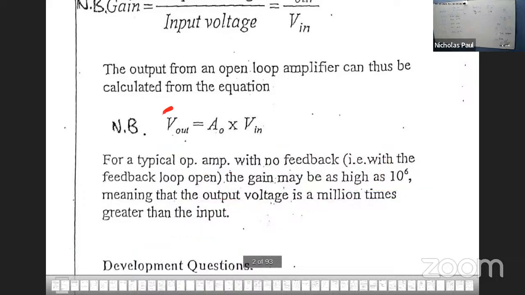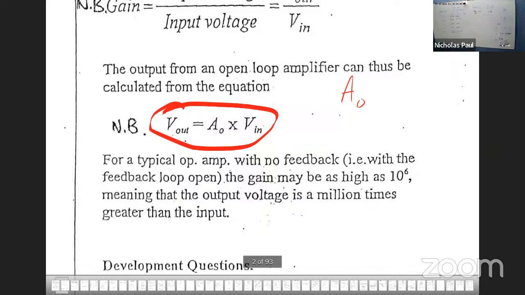Right? So write that. All I want you to have is V out is gain by V in. Gain is A, open loop is a little circle underneath. So the open loop gain is that, right?